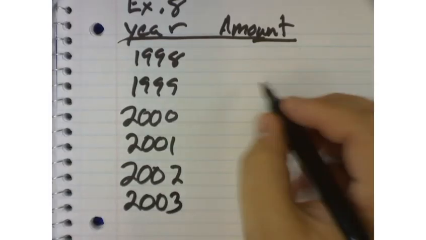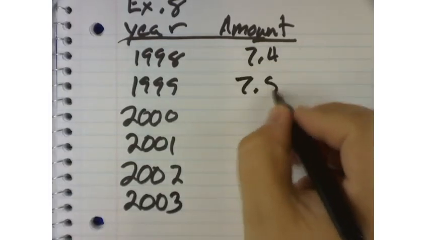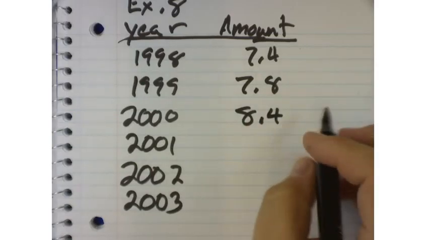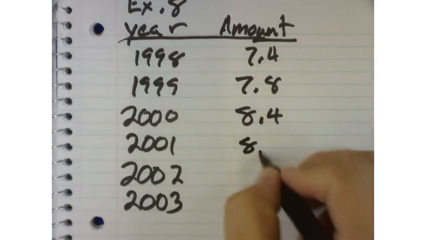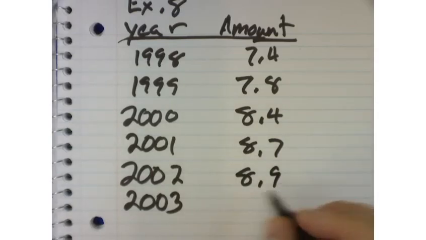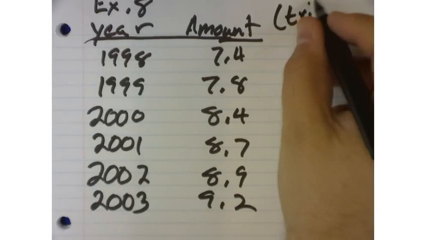And then they have 7.4, the next one is 7.8, the next one is 8.4, the next one is 8.7, the next one is 8.9, and then the last one is 9.2. And this is in trillions, so this is like how much all Americans earn.